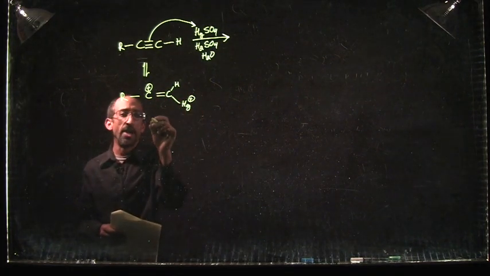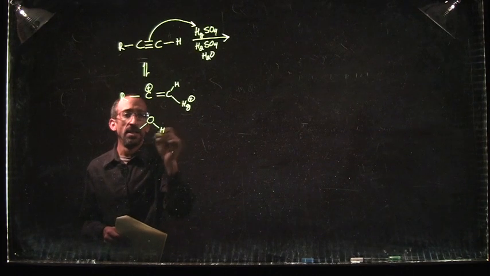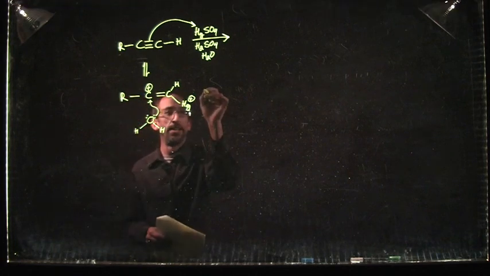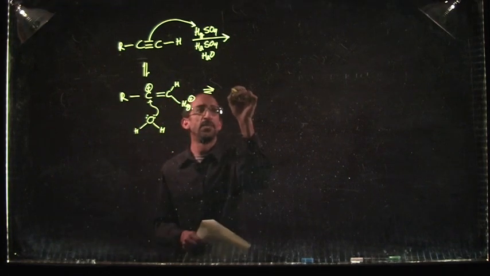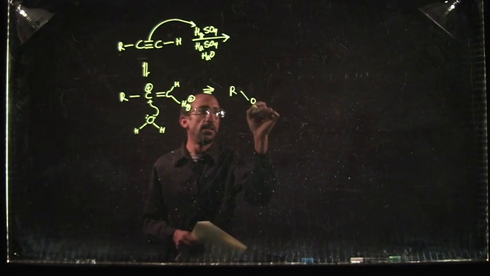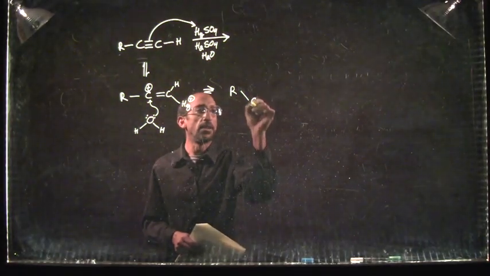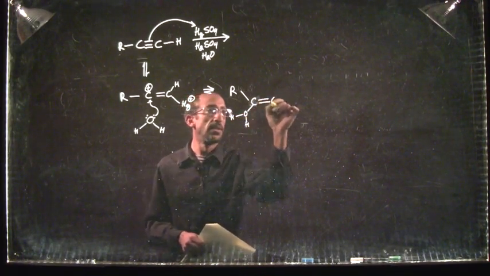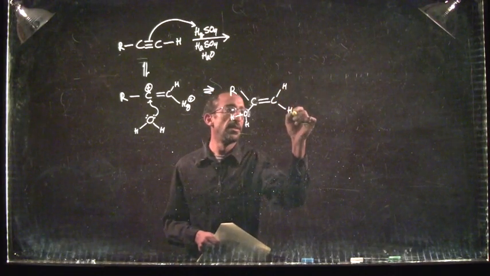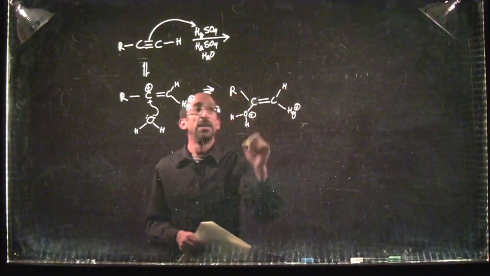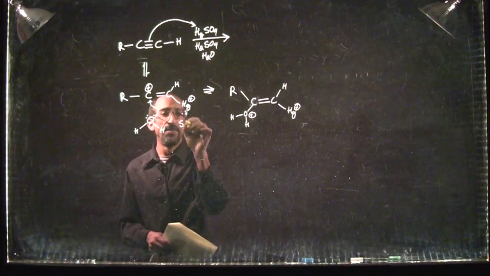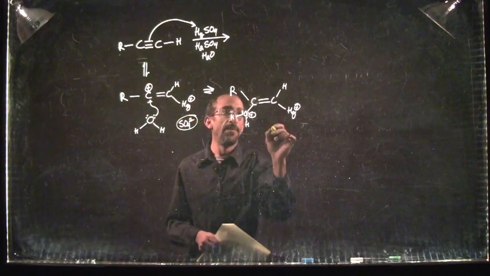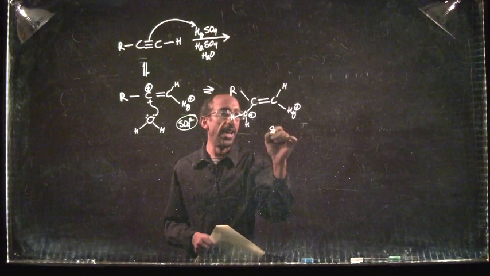At this point, water can come along and add in to this vinyl carbocation that we've created. Here's our carbon atom. We should keep in mind that we have SO4 2- in each of these steps, balancing these double positive charges that we have.